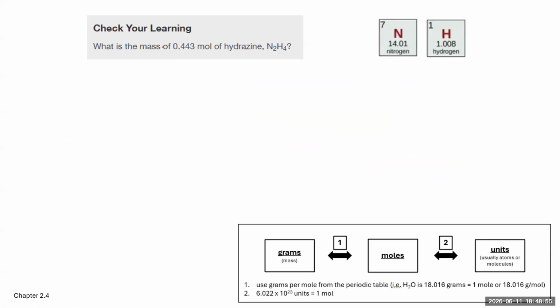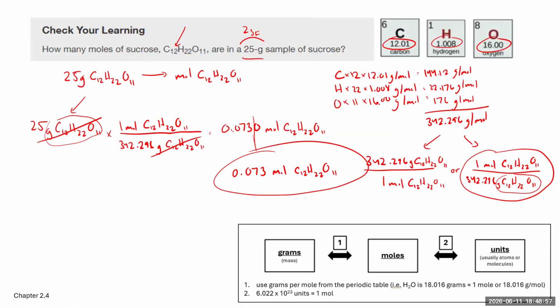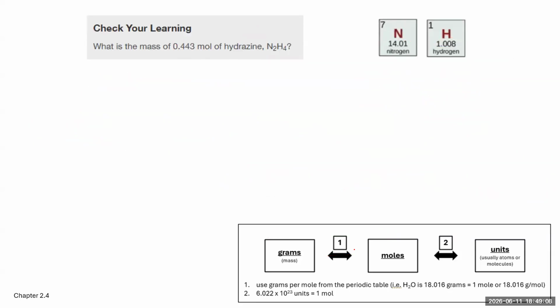Mass of, oh, sorry, I forgot to show you here. Right here, we started off with grams and we ended in moles. So we just crossed that one arrow, right? Let's take a look here. Let's start with the box first and make that a little easier for us.